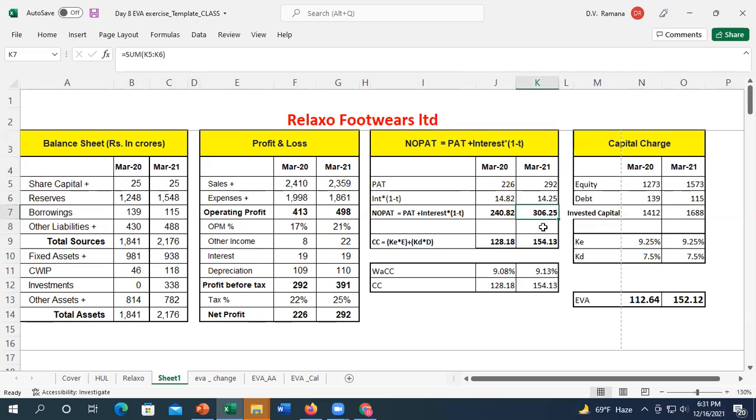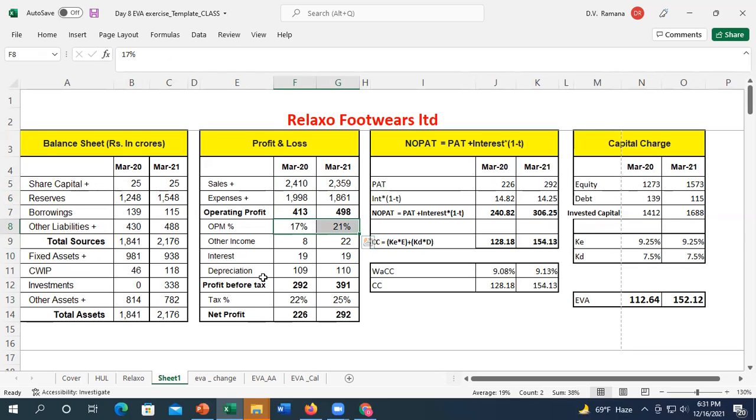And this increase is not just because of the increase in the revenue, but because of managing the cost. We can see that the cost has come down. The operating margin has in fact gone up. This is one of the important and unique features of Relaxo's strategy.